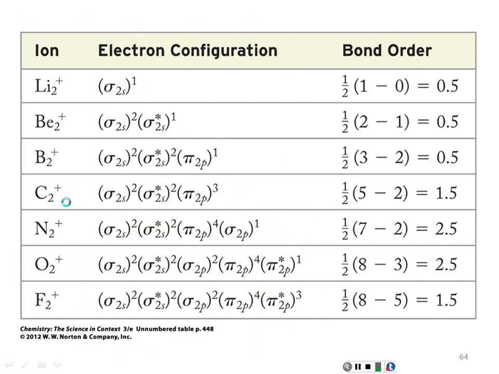If we look at the configuration of some other ions, we see that lithium 2 plus is possible. Beryllium 2 plus is also possible. Remember, beryllium 2 wasn't possible. And you go to these diatomic cations formed with the second row, you can see that they're all theoretically possible.